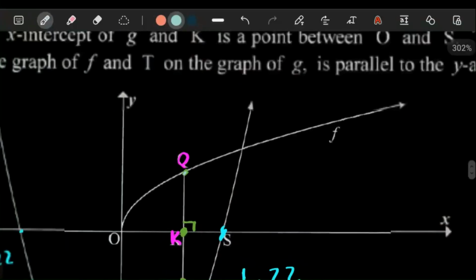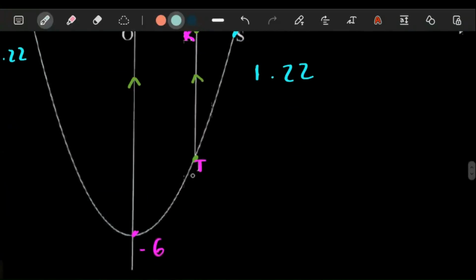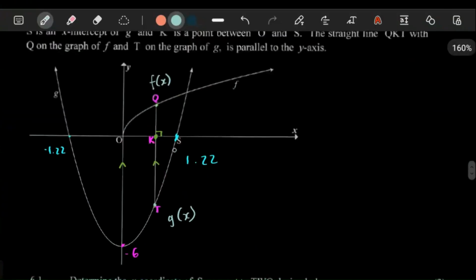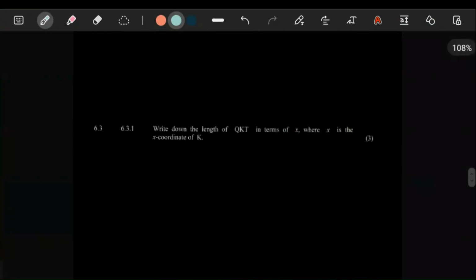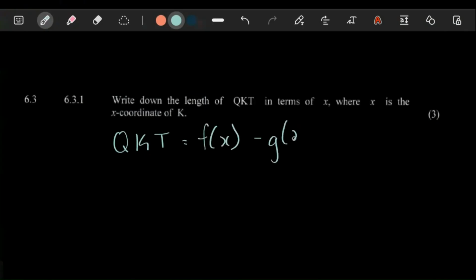Remember, the y value of Q, you get it from f of x. The y value of T, you get it from g of x. So the distance here is just this y value minus that y value, which is what this question is basically needing us to know. This is going to be the y value of f minus the y value of T.